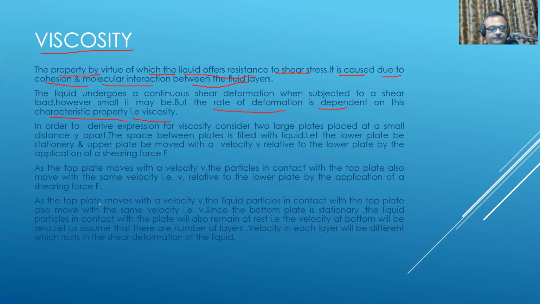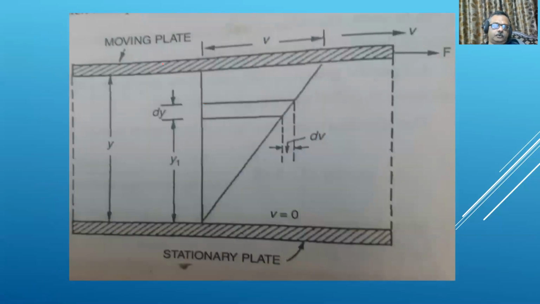तो इसको define करने से पहले आप ये graph देख लीजिए, ये जो next slide पे sketch है उसको देख लीजिए. ये देख लीजिए दो plates हैं, one this one and another one is this one. These two plates are placed at a distance y from each other. Okay, students, these are placed at a distance y from each other. One plate is stationary and other plate is moving.